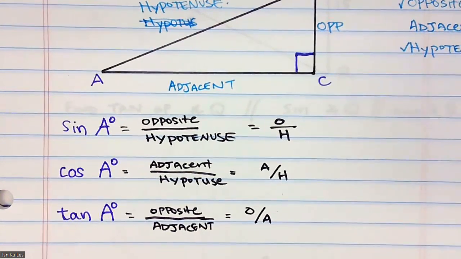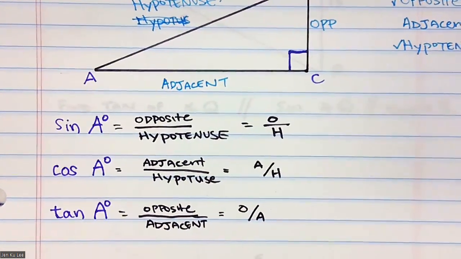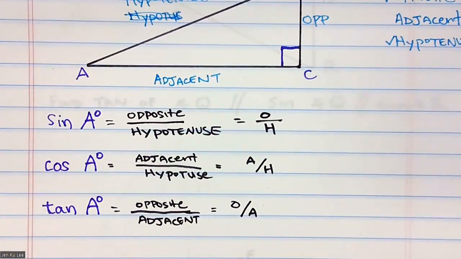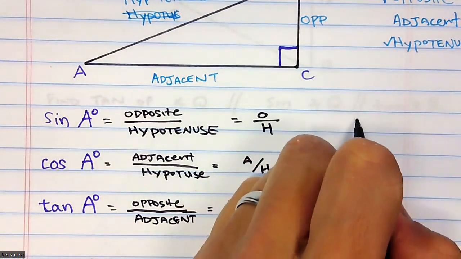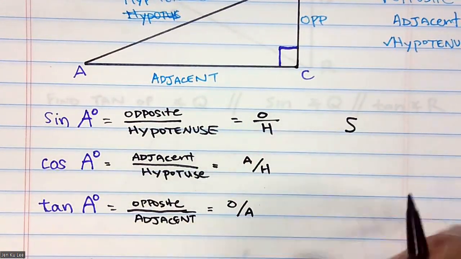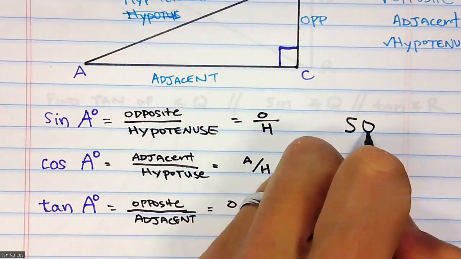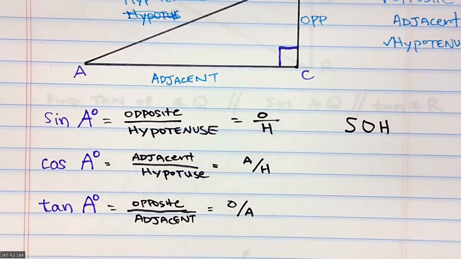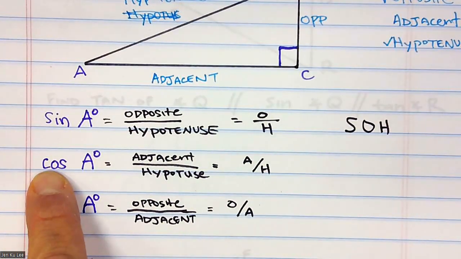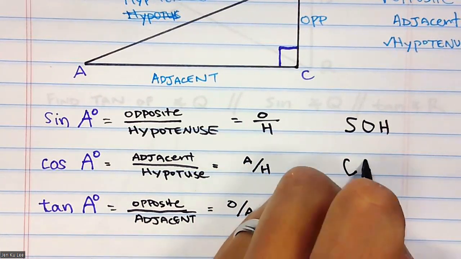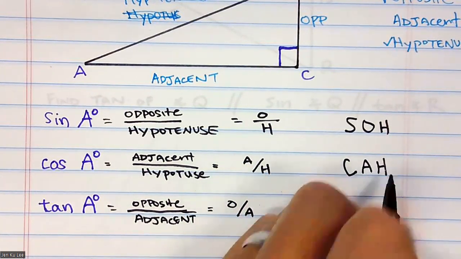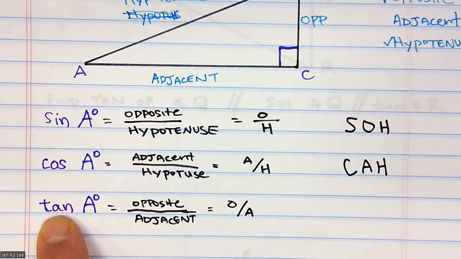And here's another simpler way of remembering all the trig functions. Sine starts with S. It's opposite over hypotenuse. Cosine is adjacent over hypotenuse. And then tangent is opposite over adjacent.